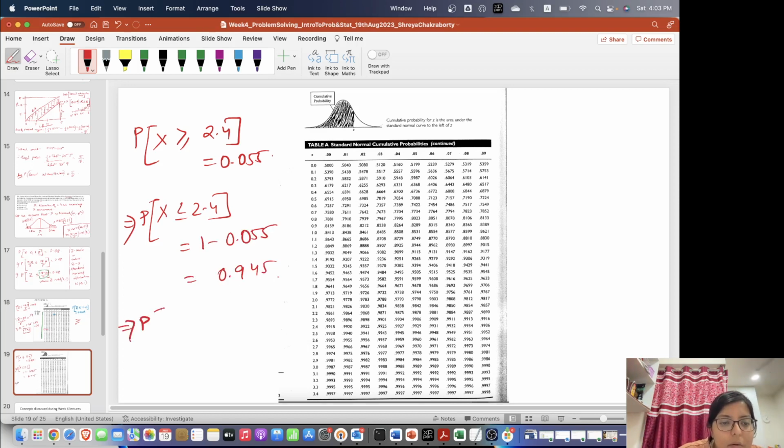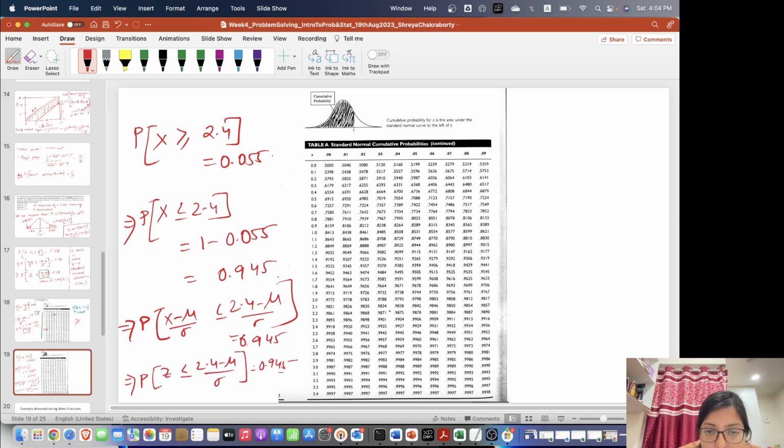This we can write as probability (x minus mu) by sigma less than or equal to (2.4 minus mu) by sigma equal to 0.945, which implies probability z less than or equal to (2.4 minus mu) by sigma equal to 0.945. Now we have to find out the area where we have 0.945.